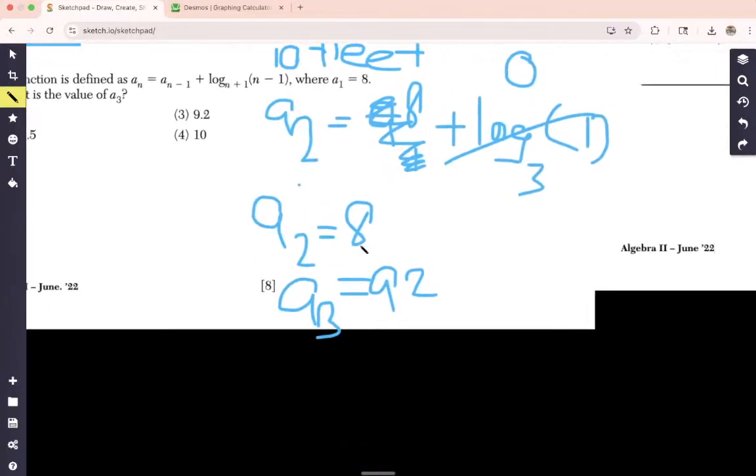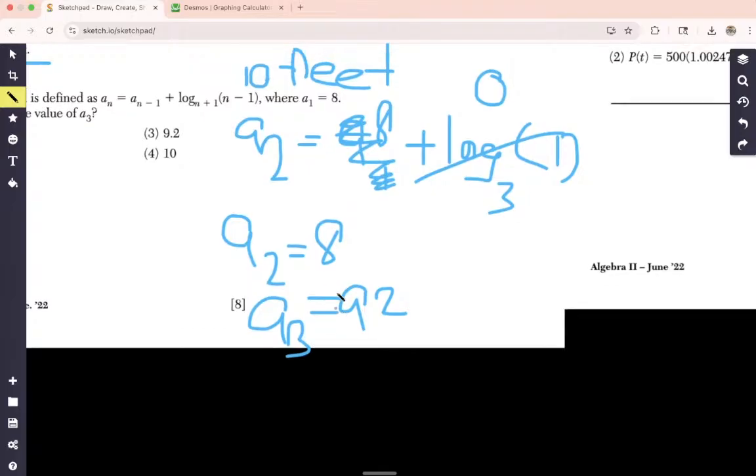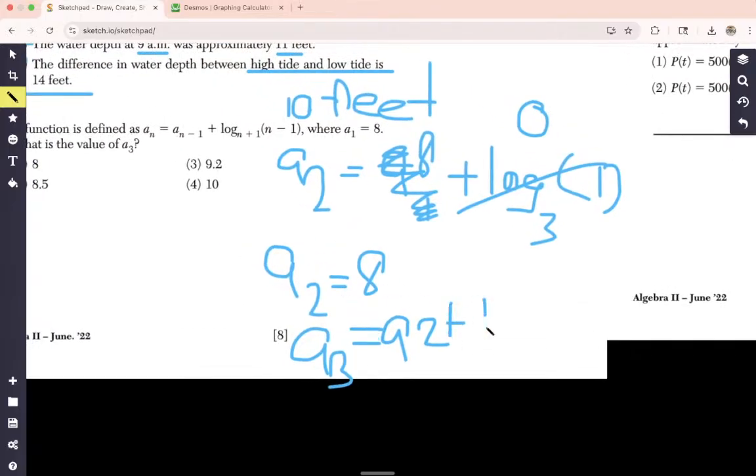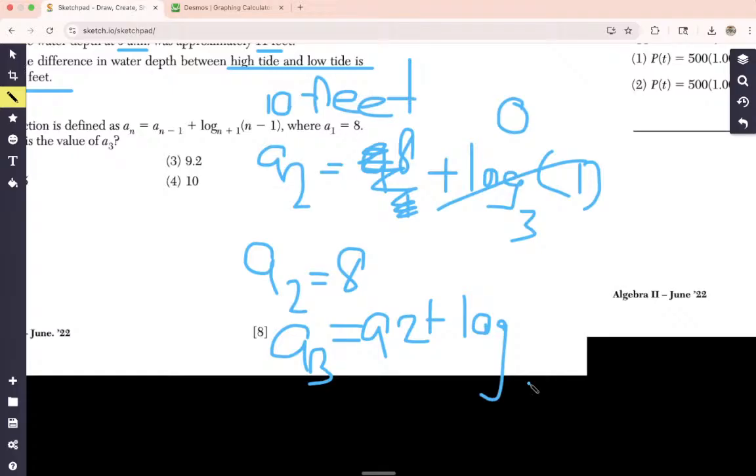All right, anyways, a sub 3 is going to be equal to a sub 2 plus log of 3 plus 1, so log of 4, and it's going to be 3 minus 1, which is just 2.